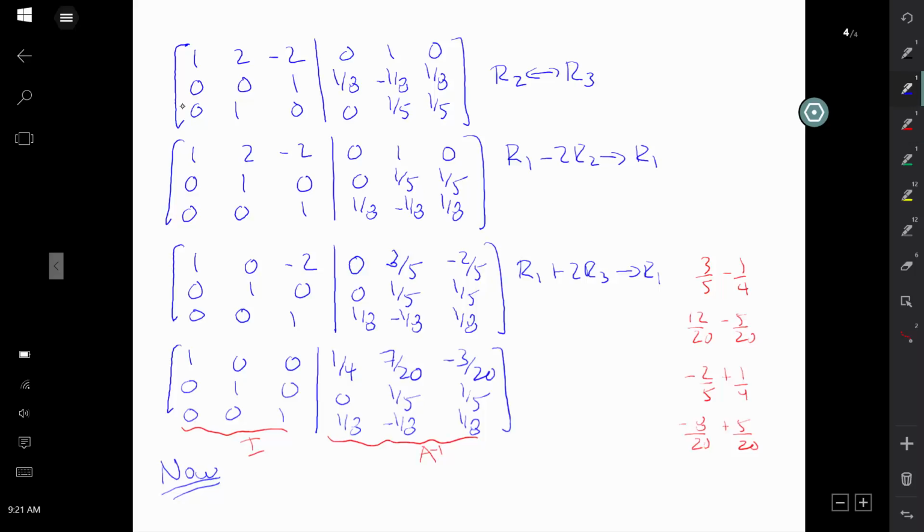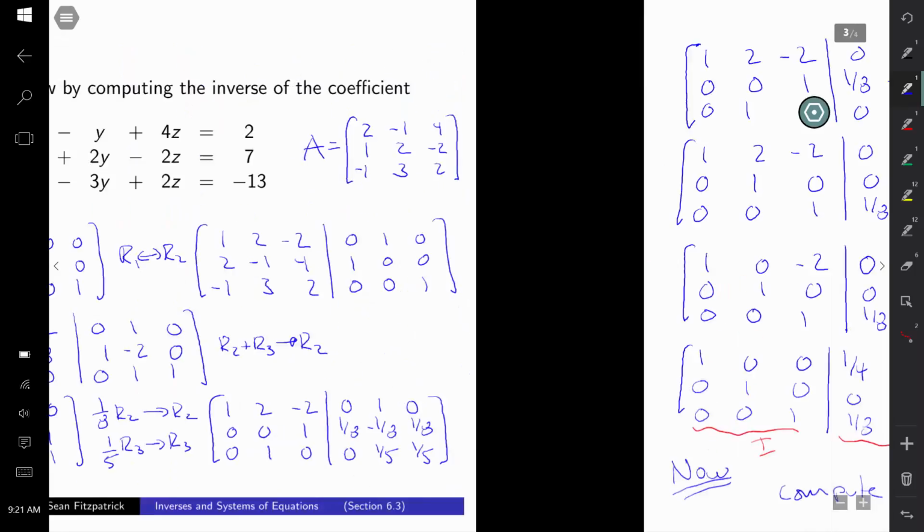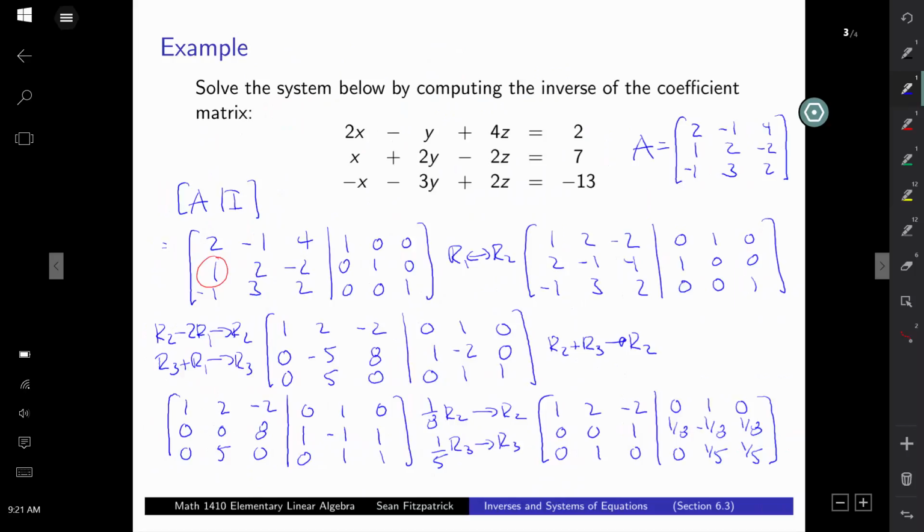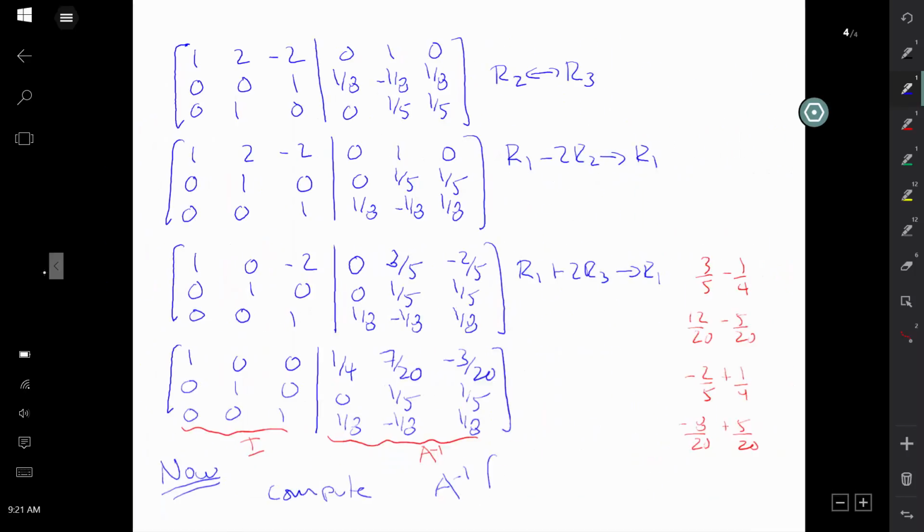So if that is the inverse, now I compute A inverse times, what were my numbers on the right hand side? 2, 7, minus 13. 2, 7, minus 13, and that should give me x, y, z, assuming that I didn't make any mistakes computing the inverse, which is quite likely.